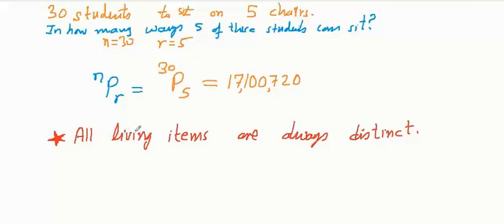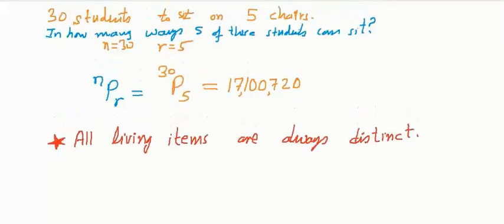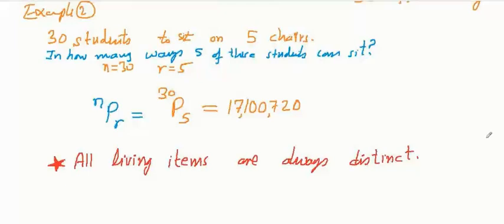Okay, so now basically, if you think in detail about this, when we are choosing nPr and r is smaller than n, we are basically doing both things: first we are selecting and then we are arranging.